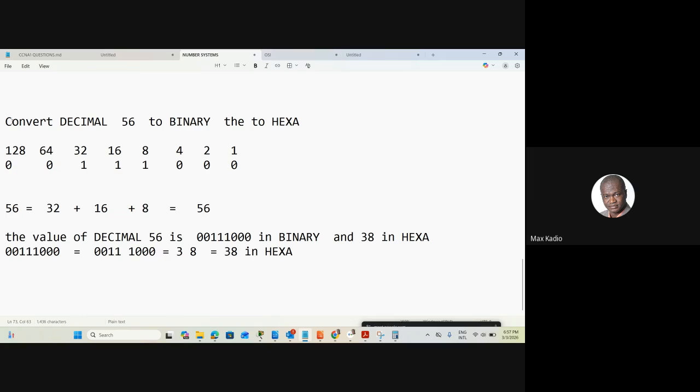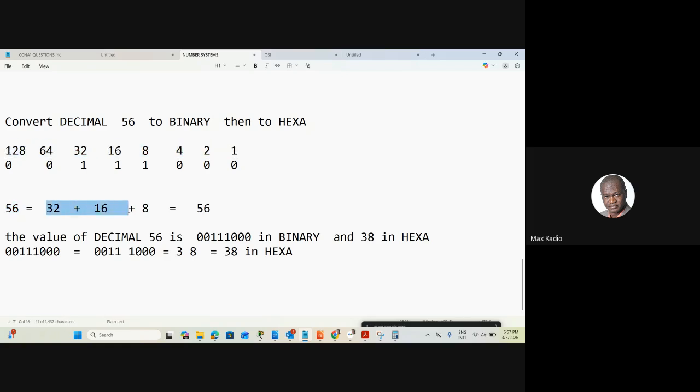So you have your question here: convert decimal 56 to binary, then to hexa. You take your decimal here, you put your table, and you say this number is equal to what combination here?